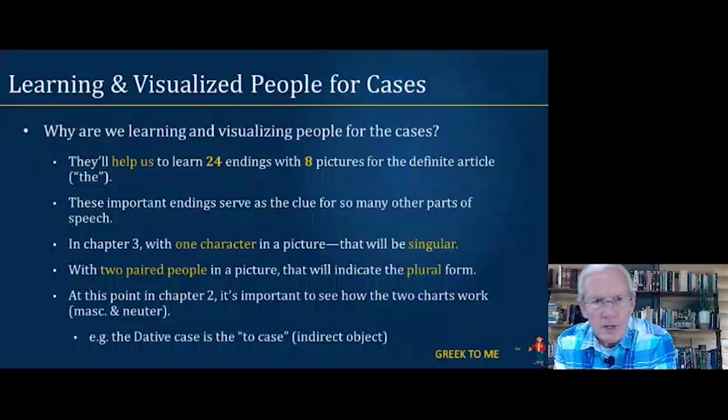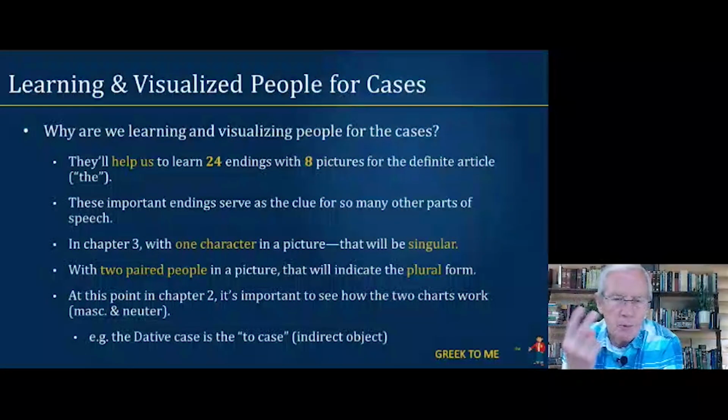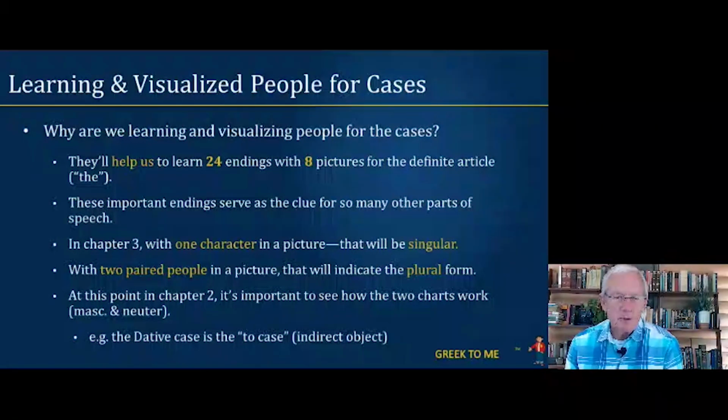In chapter 3, with 1 character in a picture, that will be singular. Also in chapter 3, with 2 paired people in a picture, that will indicate the plural form. At this point in chapter 2, it's important to see how the 2 charts work, the masculine chart and the neuter chart.